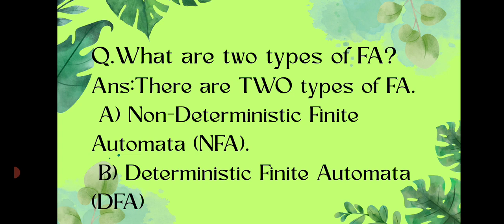First is NFA, which is known as non-deterministic finite automata, and second is DFA, that is deterministic finite automata, right? So FA have 2 types, one is NFA and another one is DFA.